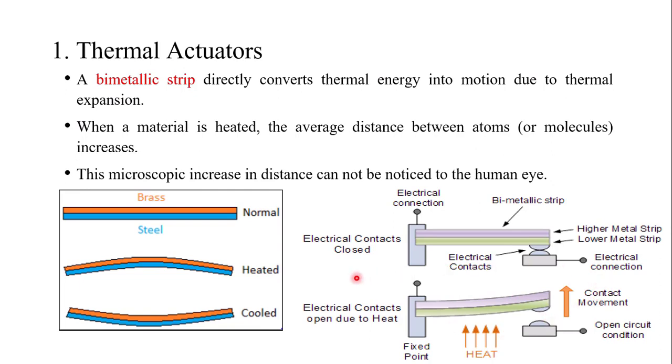So this bimetallic strip can be used for thermal actuation. When they cool down, the contact is made again. When they are heated up again, the contact is broken. So it is something actuating through heat. The on and off of your iron depends on the heat. That's why it is a thermal actuator. Thermally, it is starting or stopping something.